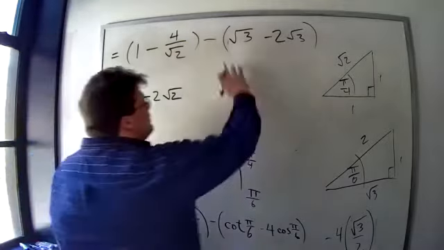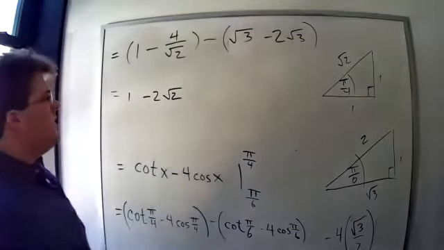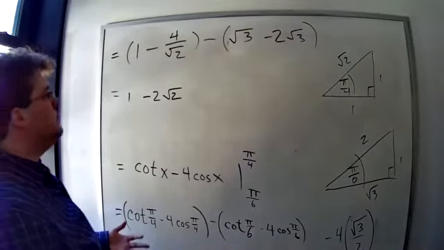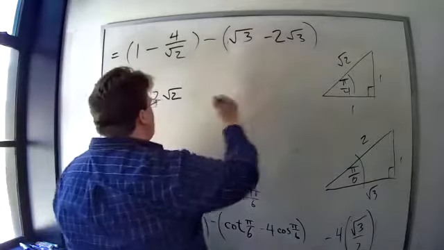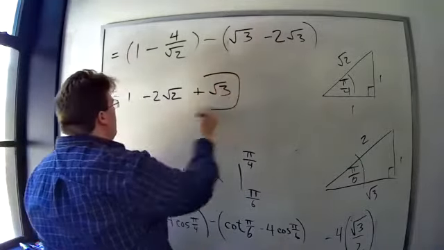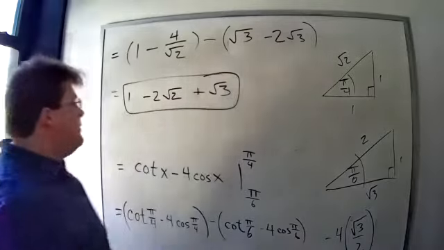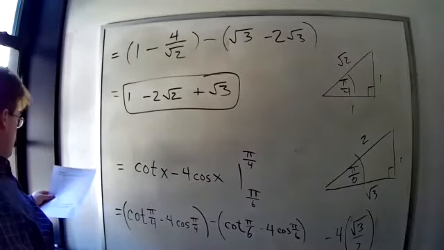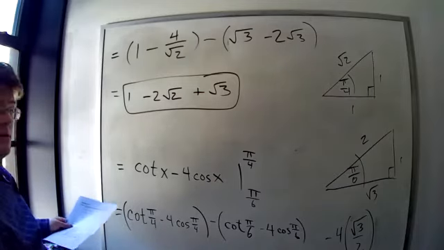That's fine with me. Notice the root 3's do simplify. If you have 1 of something and you remove 2 of those, you're left with negative 1 of those. So we have negative root 3. Any questions about, which one was that? Part E.